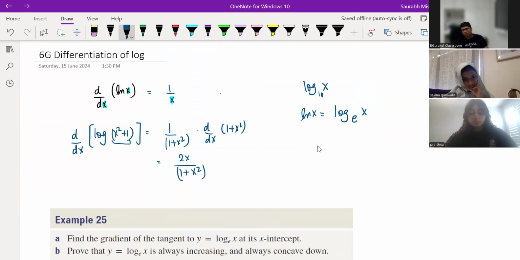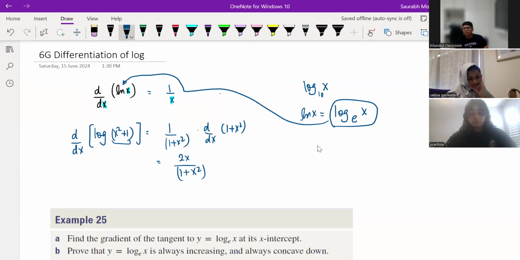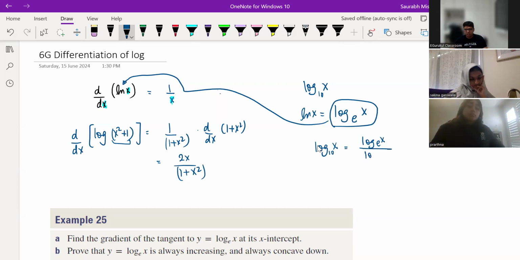Differentiation is always defined for this one, not for log x. If you have been given log x, you need to convert that into ln x. So log x base 10 is the same as log x base e divided by log 10 base e. Right? You can write that.